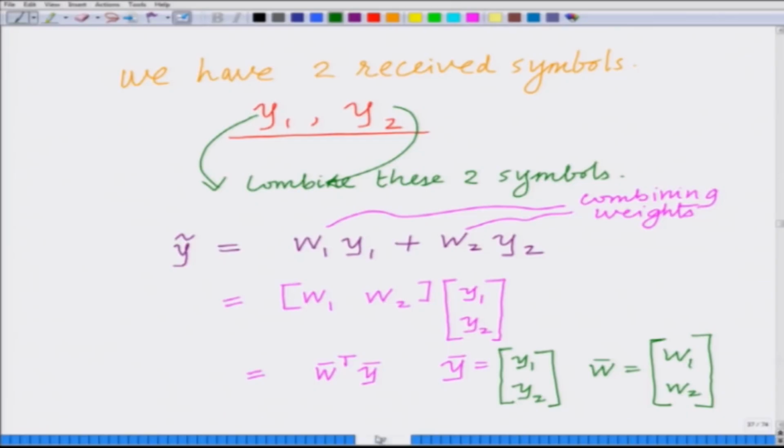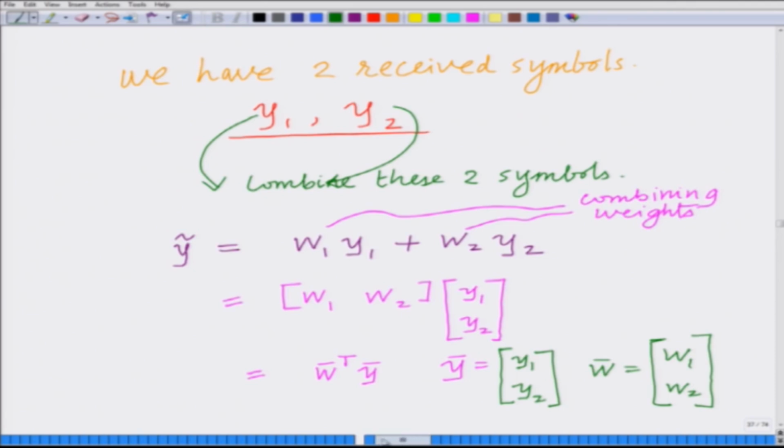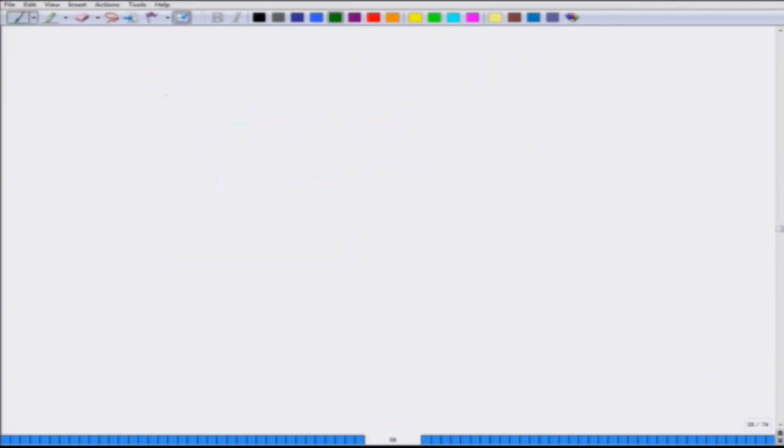And now, as we have seen previously, we have y bar equals h bar x plus n bar. So, I can substitute this in our system model here. I have y tilde equals W bar transpose y bar, but y bar equals h bar x plus n bar.